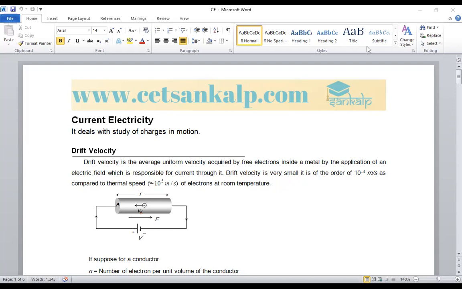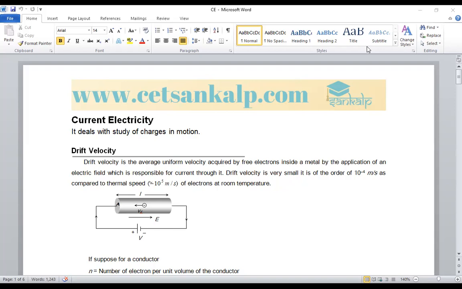Okay. The next is the current density. So current density is defined as current per unit area of cross section of the conductor.